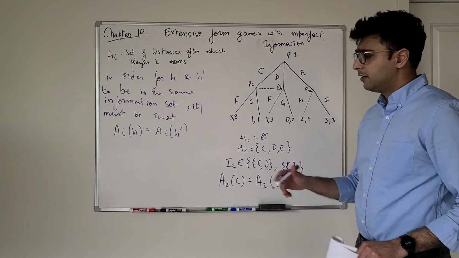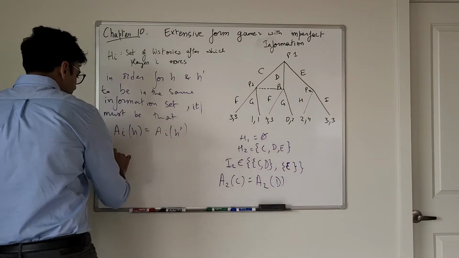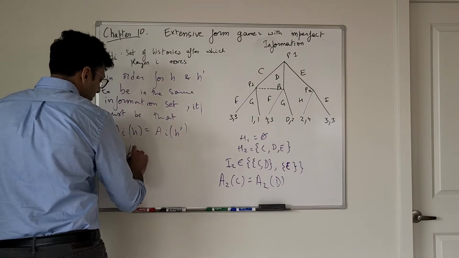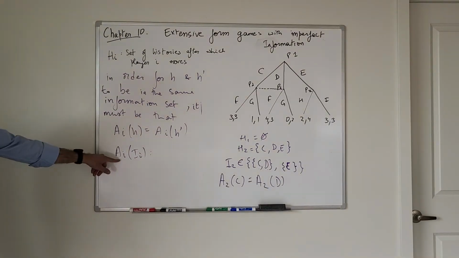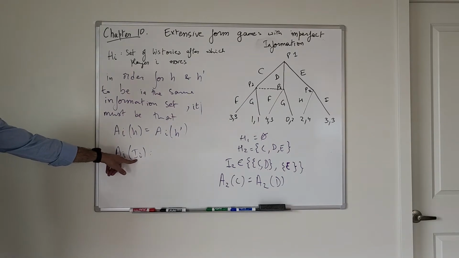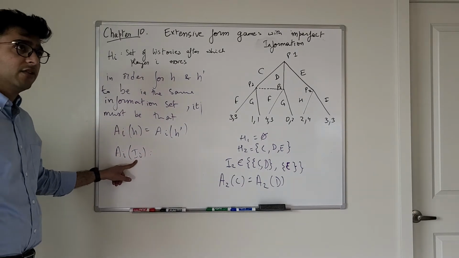We can also define A_i(I_i) as the set of actions available to player i after observing an information set I_i.